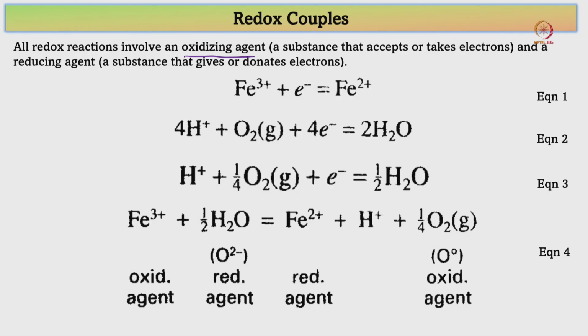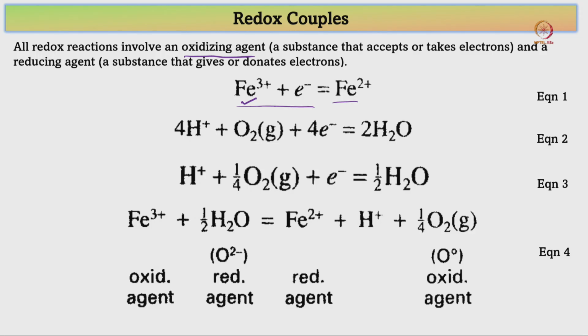In this case, Fe3 plus is going to accept that electron. So, it is getting reduced. So, the oxidizing agent gets reduced, and Fe2 plus is formed.